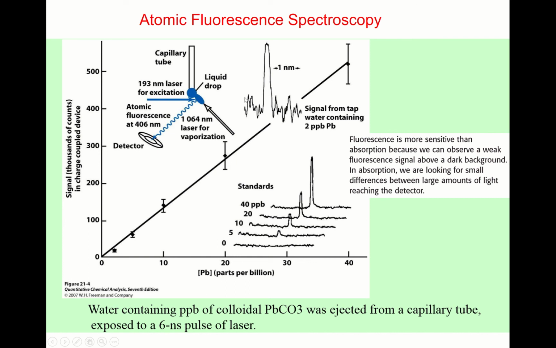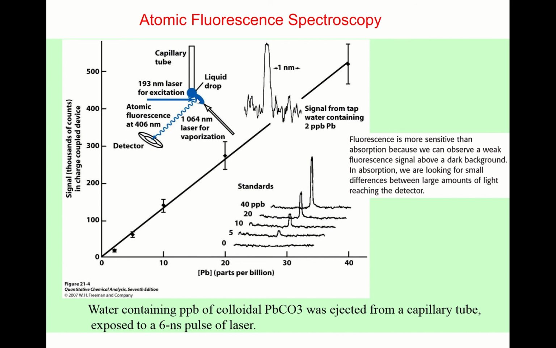Oh, I'm sorry. In this case, atomization and vaporization is done by another laser from this side. Then these liquid samples are vaporized, and the elements are excited by this laser beam. Look, this wavelength is 190 nanometers.